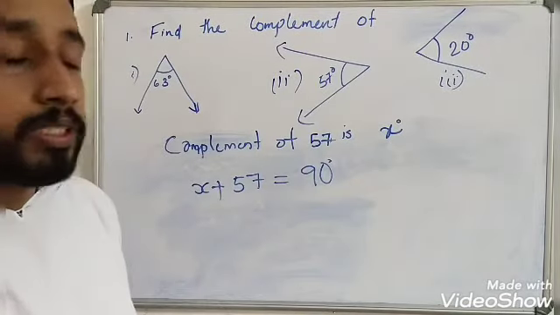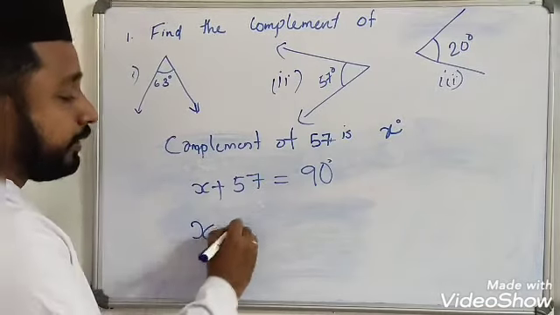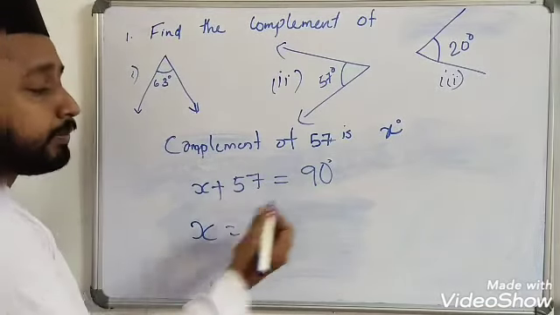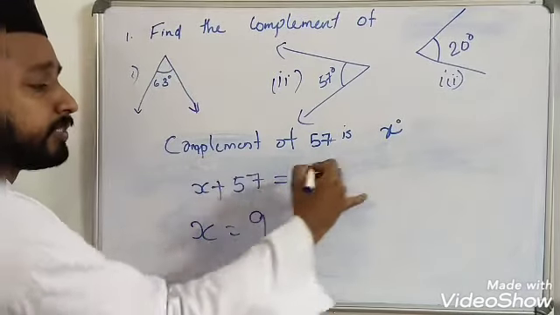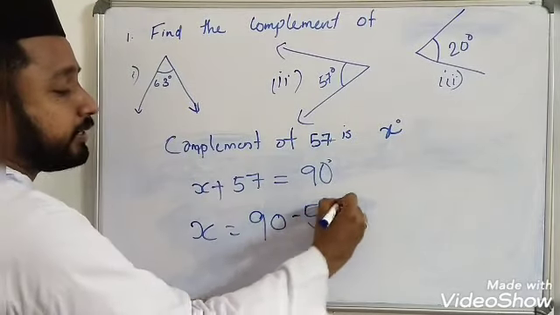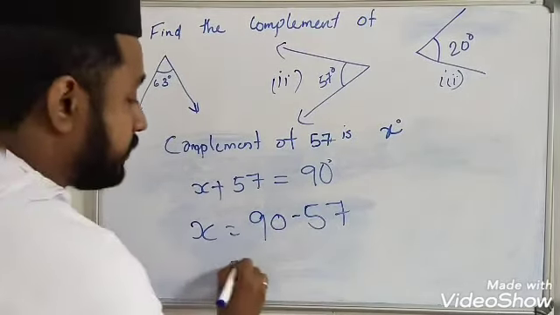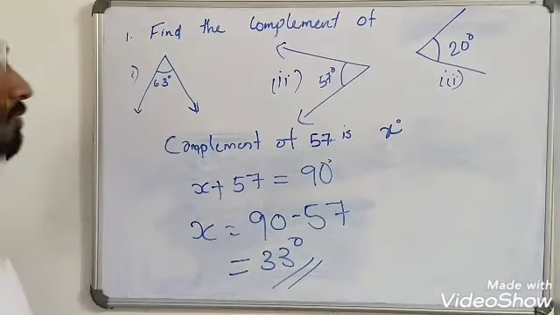Plus 57 goes to the RHS, it will become minus 57, or subtract 57 on both sides. So x is 90 minus 57, which is equal to 33. So complement of 57 is equal to 33 degree.